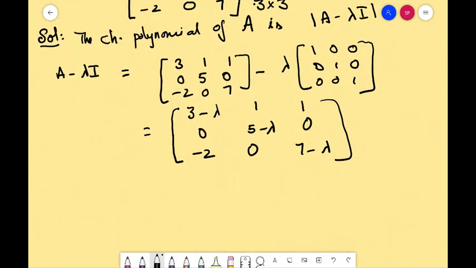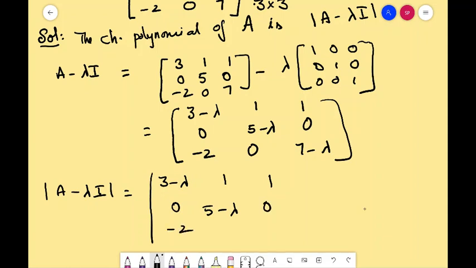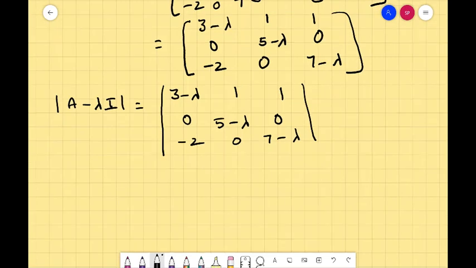So now what is det A minus lambda I then? The determinant of 3 minus lambda, 1, 1, 0, 5 minus lambda, 0, minus 2, 0, 7 minus lambda. Expand this determinant by the first row.